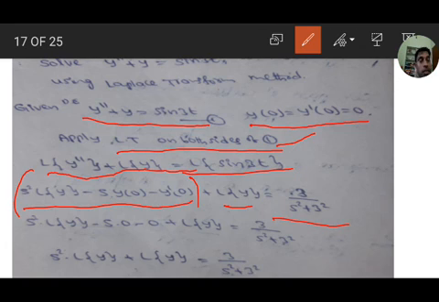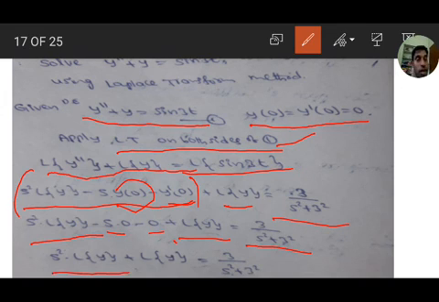Next, replace the initial values. y of 0 is 0, so s into 0, and y dash of 0 is 0. So s square L of y, and the remaining two terms are 0. So s square L of y plus L of y equal to 3 by s square plus 3 square.